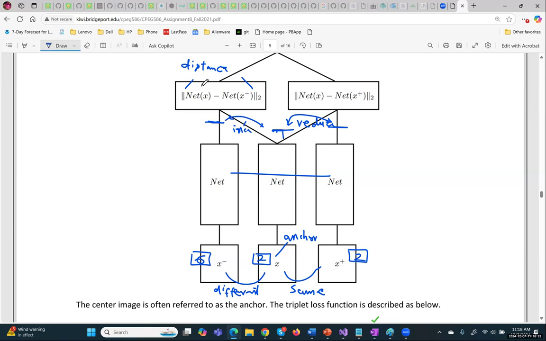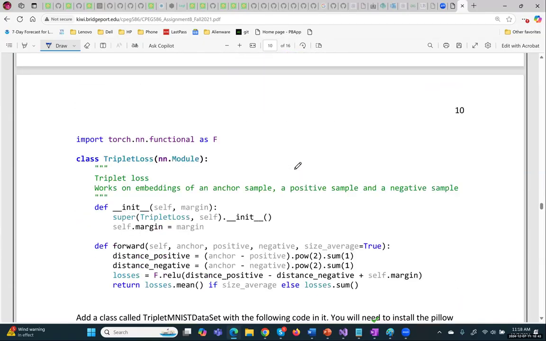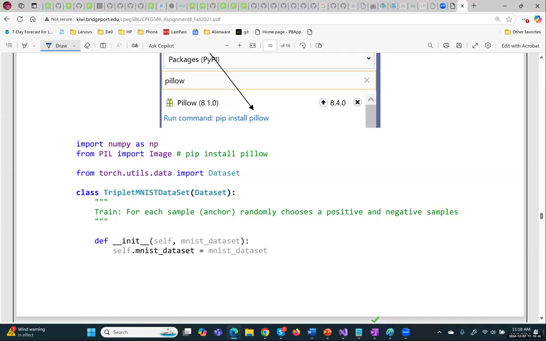As you go through the assignment, take a look at the code, and you'll see exactly how this is being done. Let me give you guys a small break. After the break, I'll talk about assignment number 9. Let me pause for 10 minutes.